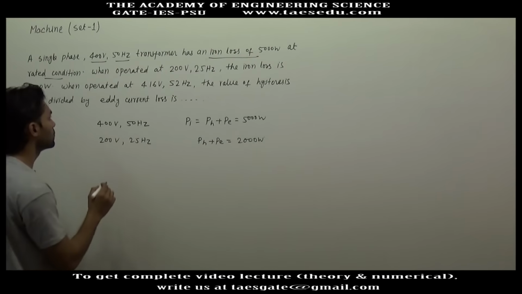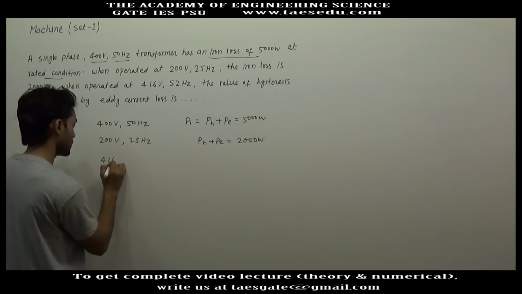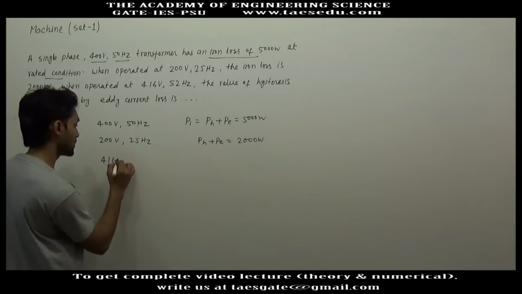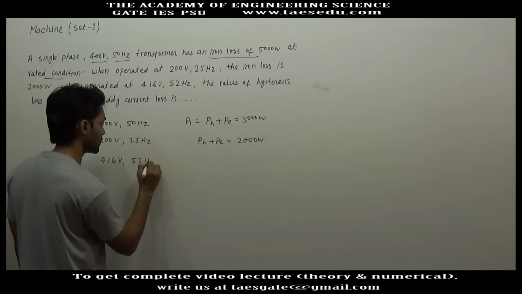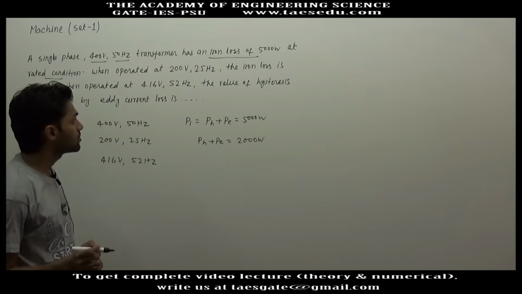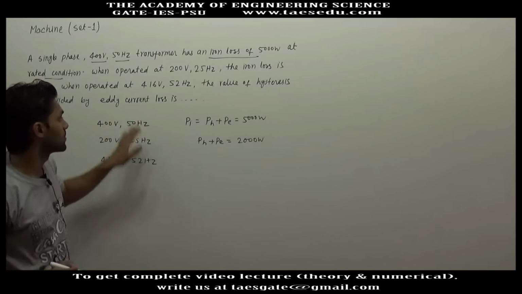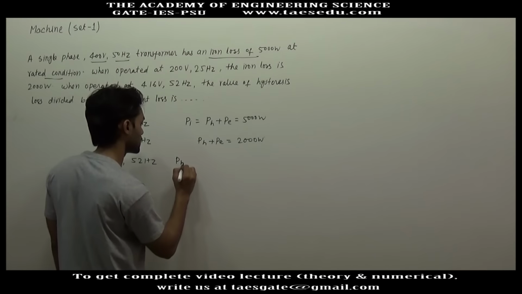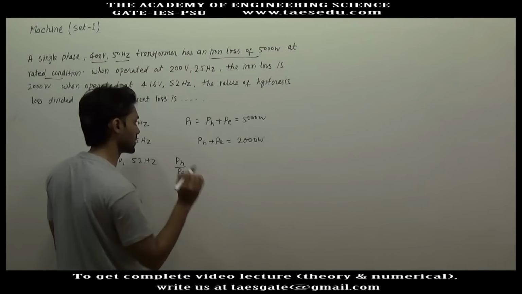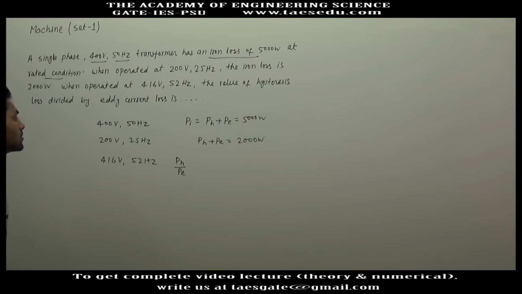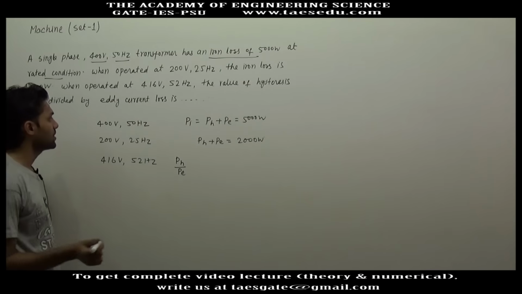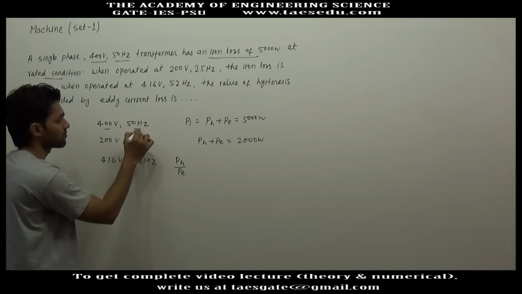And we have to find out, when this transformer is operated at 416 volt and 52 hertz, the ratio of hysteresis loss divided by eddy current loss. So the conditions are given in terms of voltage and frequency.